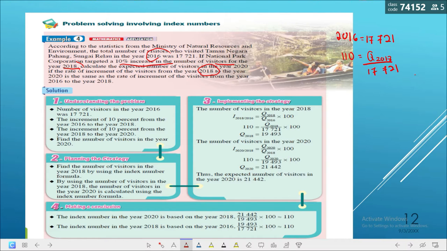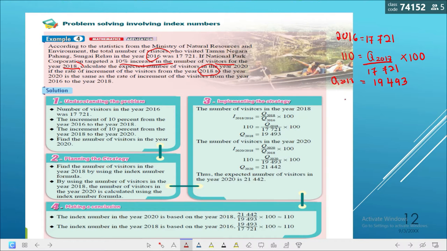So for 2018, the base 2016 is 17,721, then times 100. You calculate here and you will get 19,493. This is the number of visitors in 2018. Now we can calculate the number of visitors in 2020. For 2020 they use the base 2018, and they said the rate of increment is still the same, so still 110.